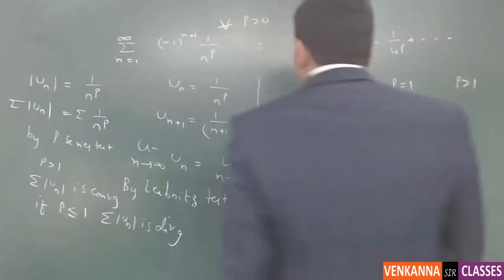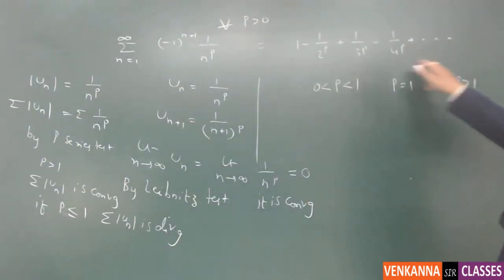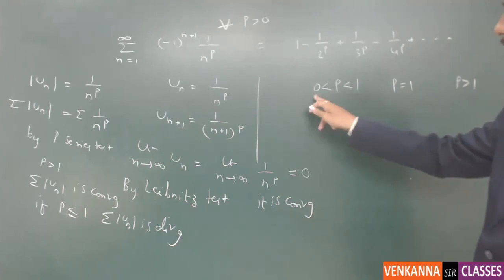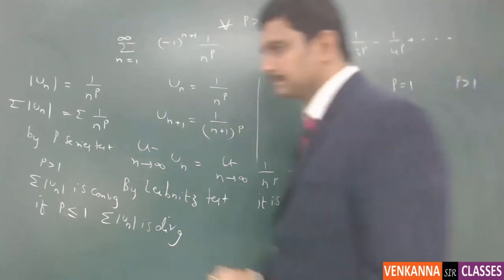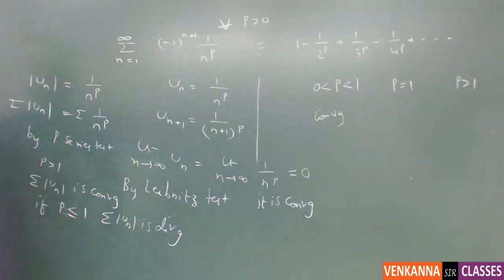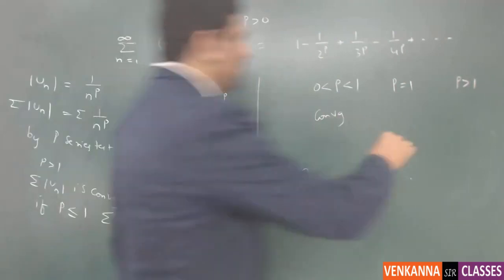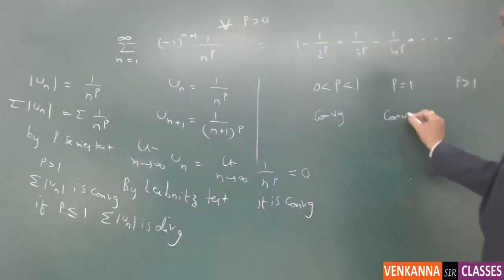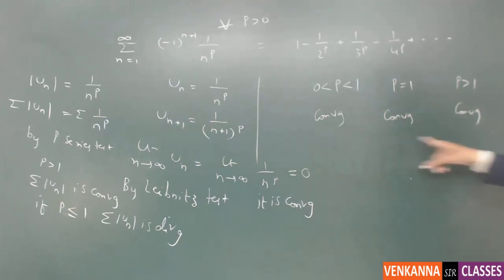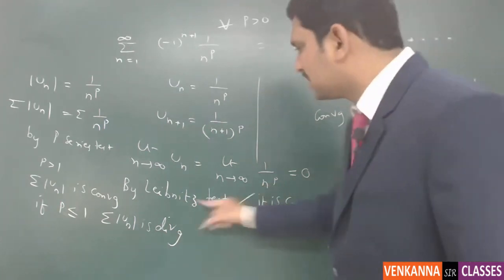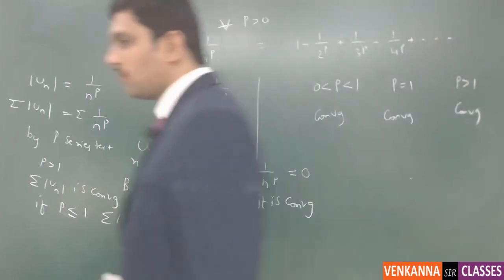So, if you take the alternating series, if p is lying between 0 and 1, is it convergent or not? It is convergent. If p is equal to 1 also, it is convergent. If p is greater than 1 also, it is convergent. How am I saying it is convergent? By means of Leibniz test, the alternating series is convergent for all values of p.